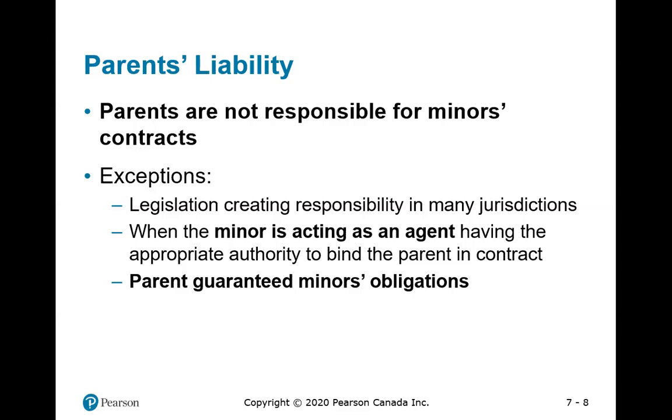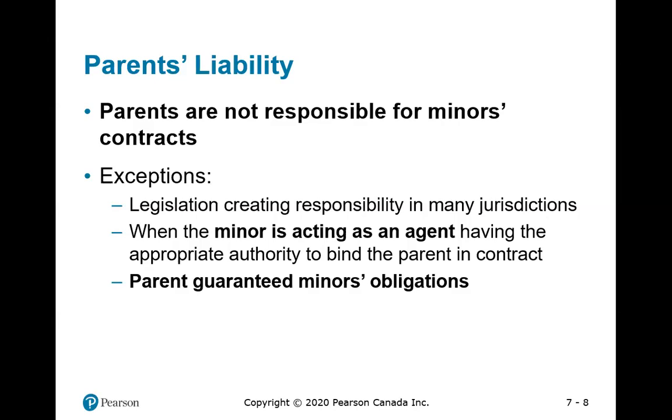So your recommendation: if parents or legal guardians sign the contract with the minors, then the parents will be guarantors. Parents will be guaranteeing the transaction of the minor. As a guarantor, if the minor defaults, then the other party can go after the parents or the legal guardians.